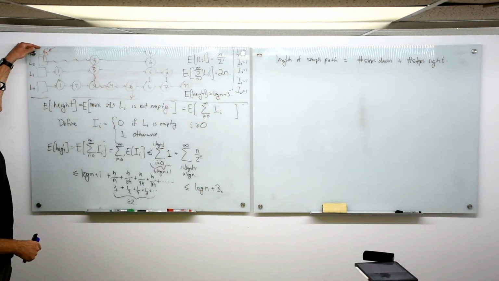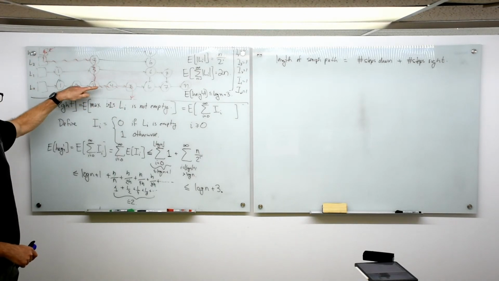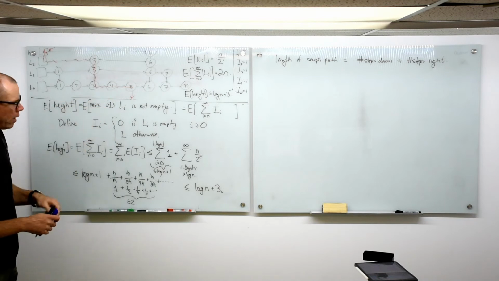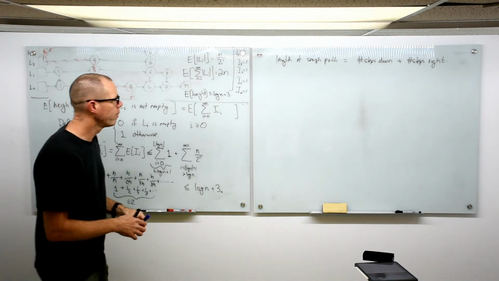If I want to know how long this path is, I count the number of steps down that it takes, and I count the number of steps to the right that it takes. Why did we want to do that? Well, because we already know the number of steps down.